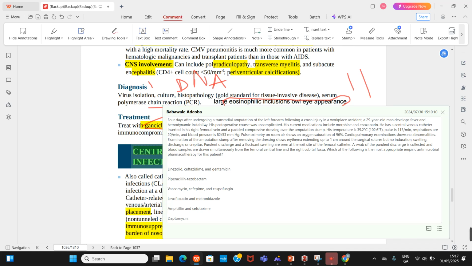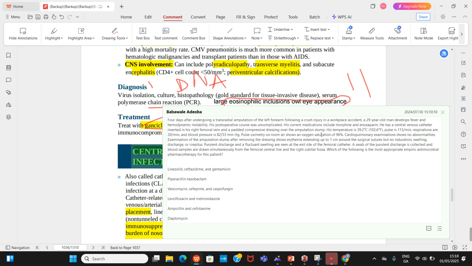Four days after undergoing a transradial amputation of the left forearm following a crush injury in a workplace accident, a 29-year-old man develops fever and hemodynamic instability. His postoperative course was uncomplicated. His current medication includes morphine and enoxaparin. He has a central venous catheter inserted in his right femoral vein and a padded compressive dressing over the amputation stump.